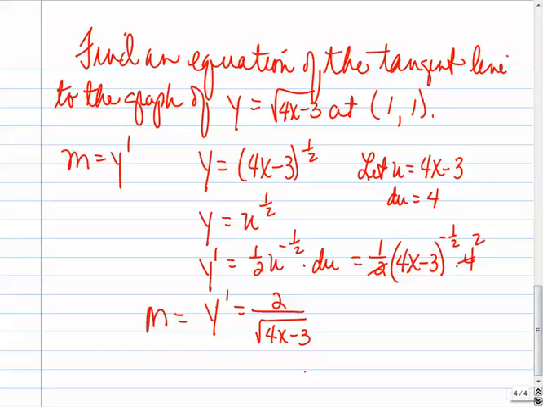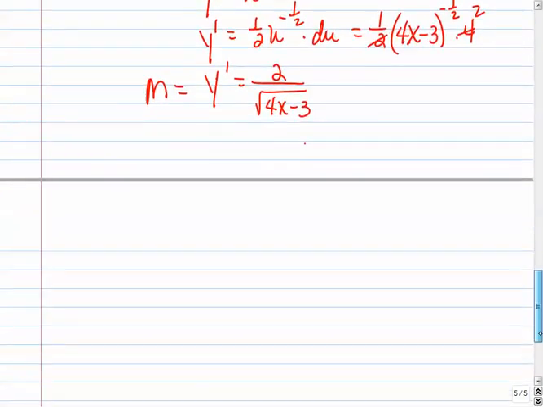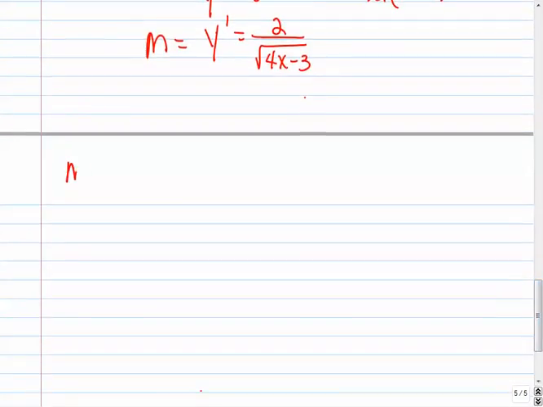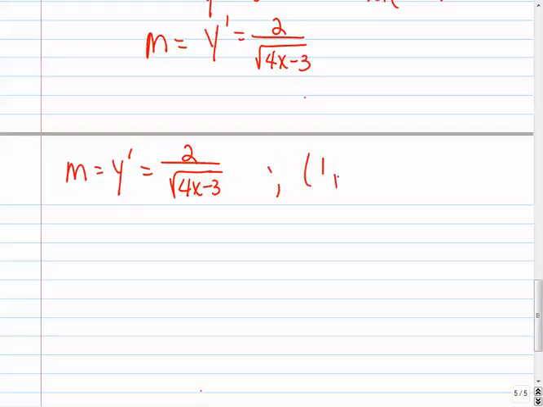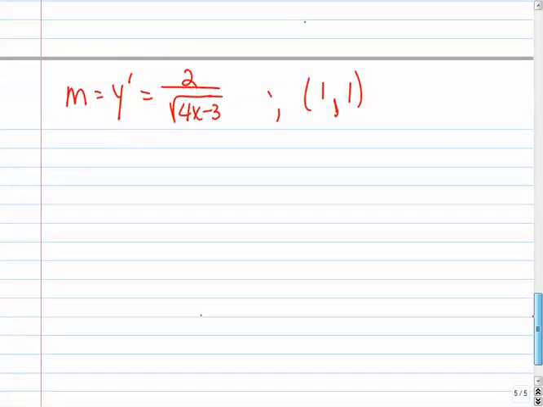So let me get a little room here. So we need to know the slope, y prime, which is 2 over the square root of 4x minus 3, and we want this at the point (1, 1). So to find the actual slope, remember you substitute the x coordinate of that point in for x in the derivative.